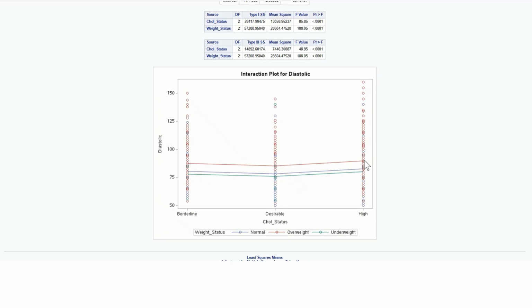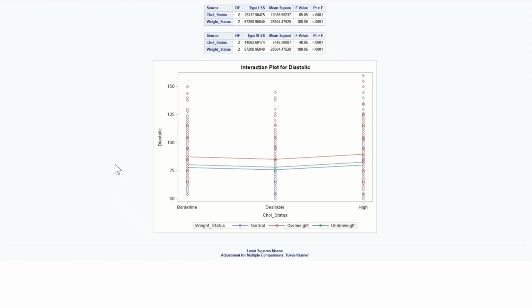And at the other end, we see that the overweight individuals still have high diastolic blood pressure even for those who have high cholesterol status. So it is in fact factoring in both our covariates into one model.